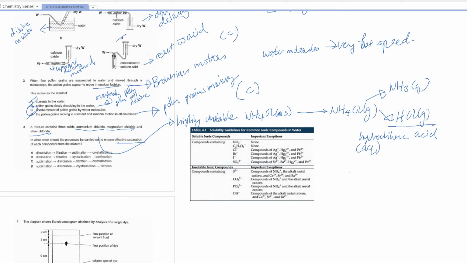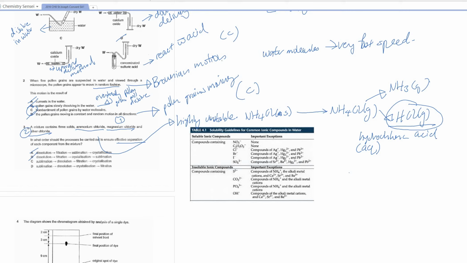If it is not dissolved in water, it is simply known as hydrogen chloride. As I mentioned, because ammonium chloride is highly unstable, it readily forms into gas. We can use the sublimation method first to collect ammonium chloride. Once that is done, we are left with magnesium chloride and silver chloride.